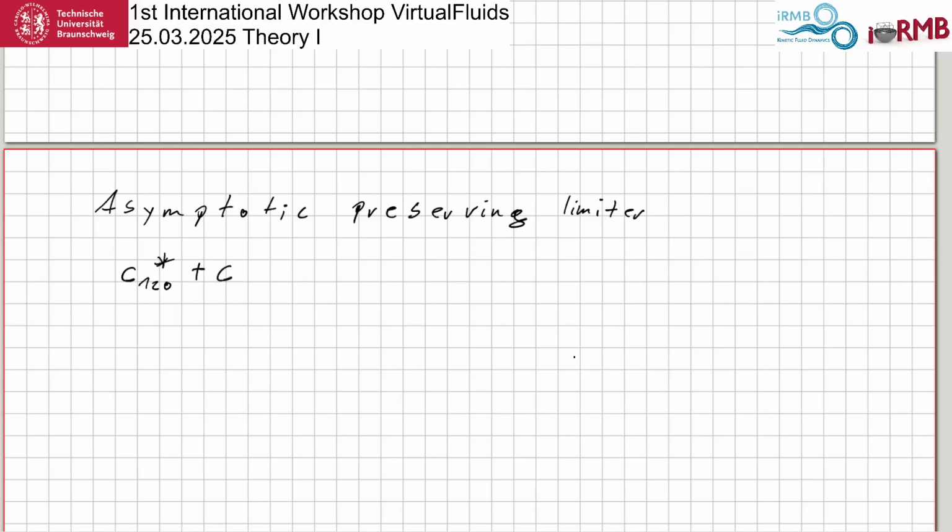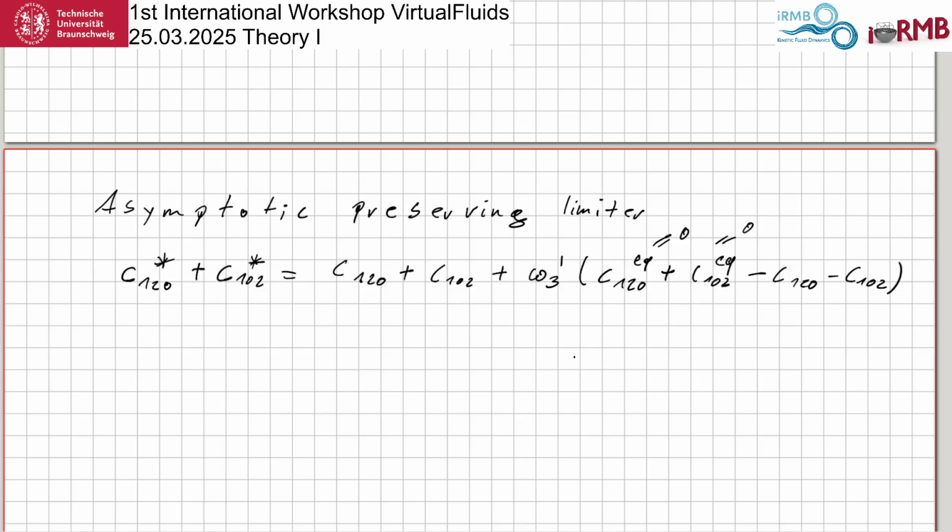So say we have, how do we relax these cumulants? So we have C120 plus C102 plus omega 3 dash, and we have C120 equilibrium plus C102 equilibrium, which is actually 0, minus C120 minus C102. So these equilibria are actually 0.